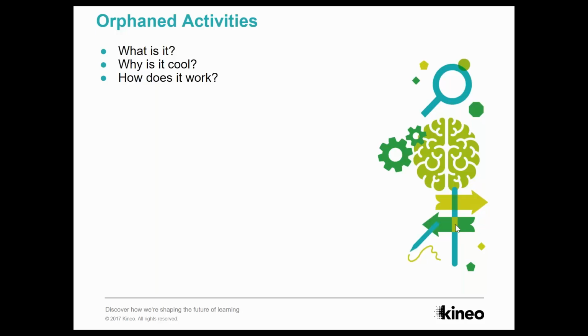So orphaned activities essentially allow you to push all of those links down into another area and basically hide them from the learner. All the while, you're still going to be able to give them access to those activities. So that's what it is and why it's cool.